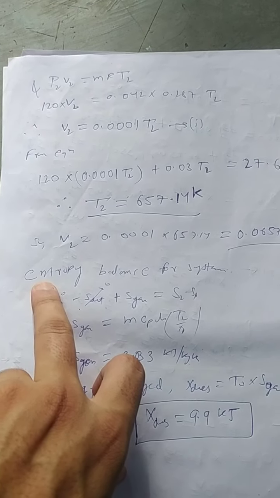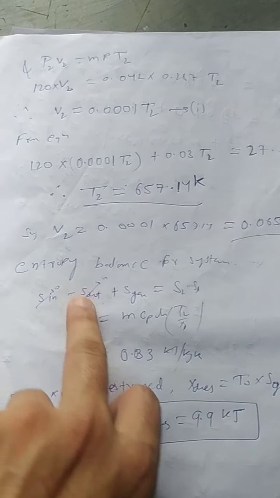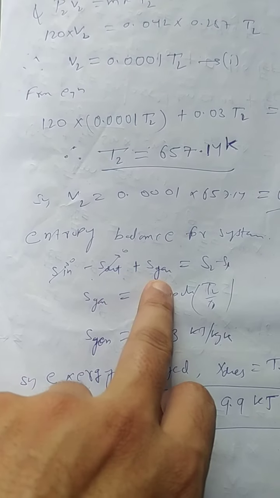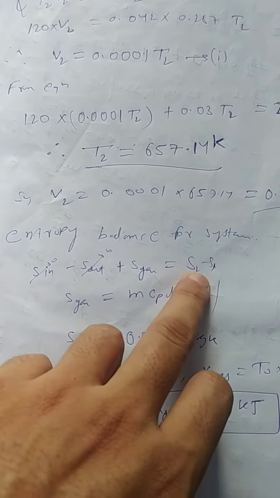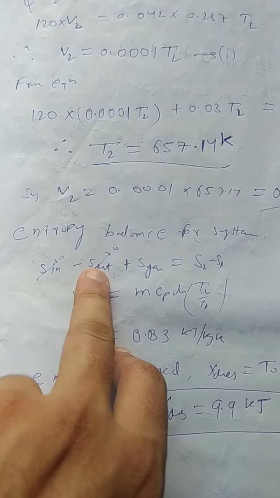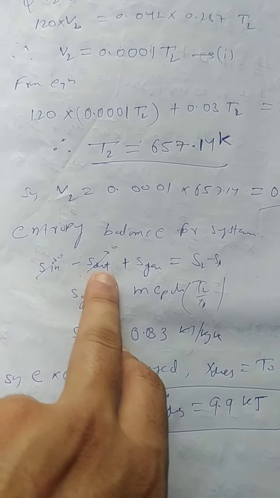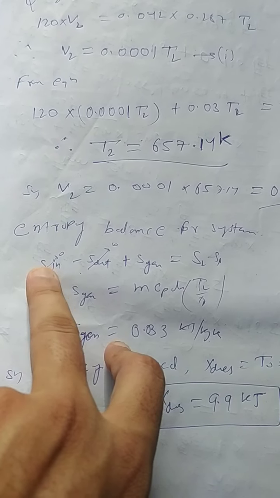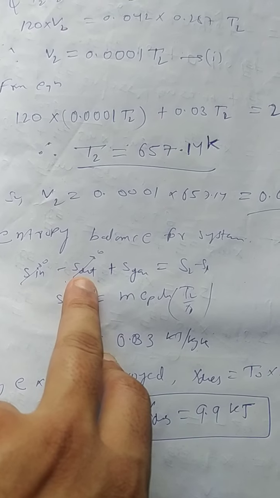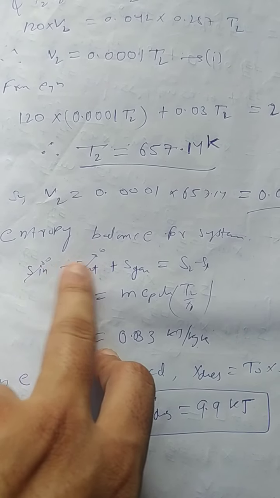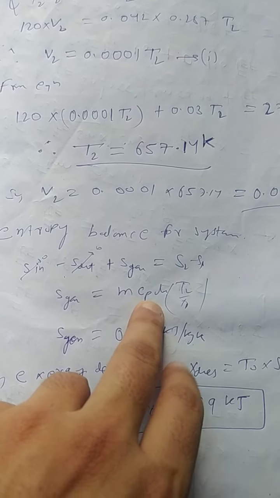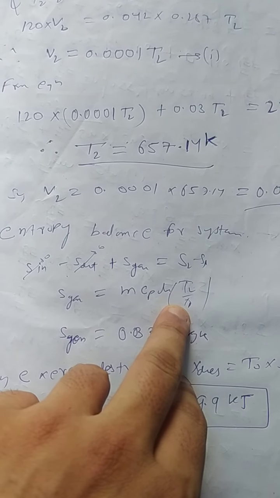Now let's do the entropy balance of the system. So entropy balance of the system would be entropy in minus entropy out plus entropy generation is equal to change in entropy of the system. Entropy in and entropy out would be 0 because there is no mass flow in or out, or any kind of heat input to or out of the system. So these both terms are 0. So S generation would be m Cp ln T2 by T1.